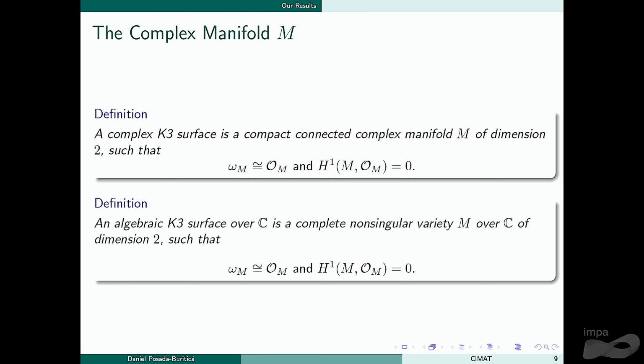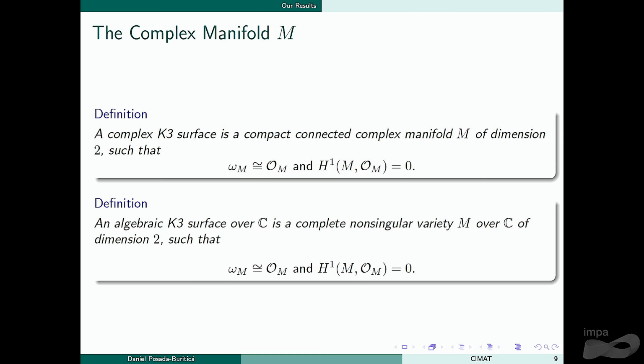And an algebraic K3 surface over C is a complete non-singular variety M over C of dimension 2 such that the same conditions hold. So we have two different definitions in two different worlds.